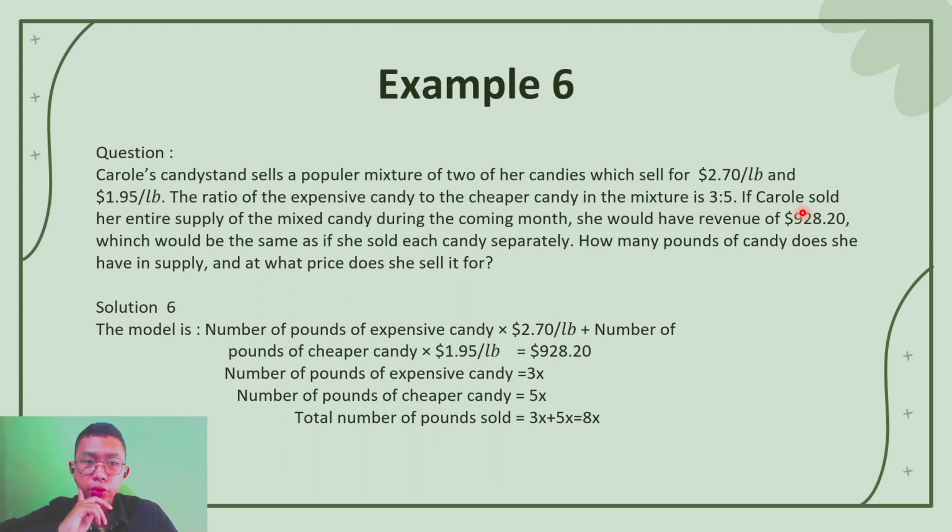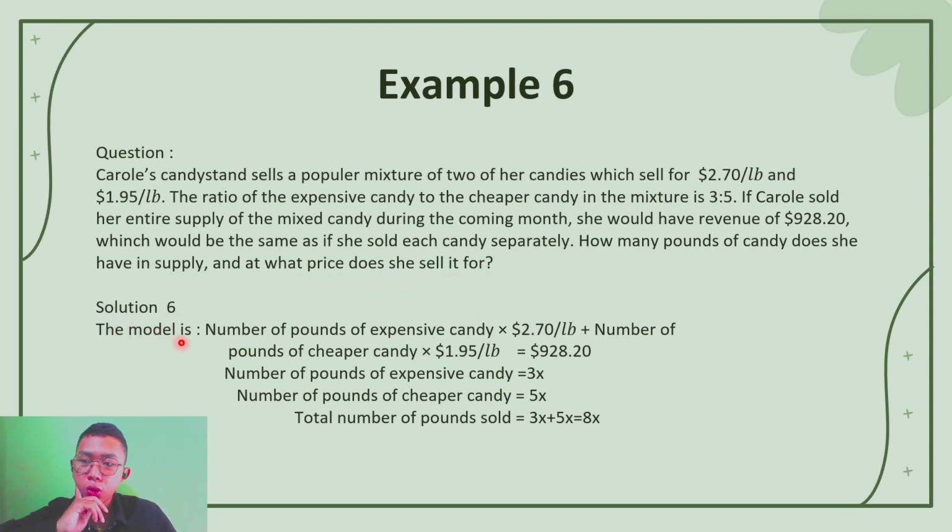If Carter sold her entire supply of the mixed candy during the coming month, she would have revenue of $928.20, which would be the same as if she sold the candy separately. How many pounds of candy does she have in supply, and at what price does she sell it?